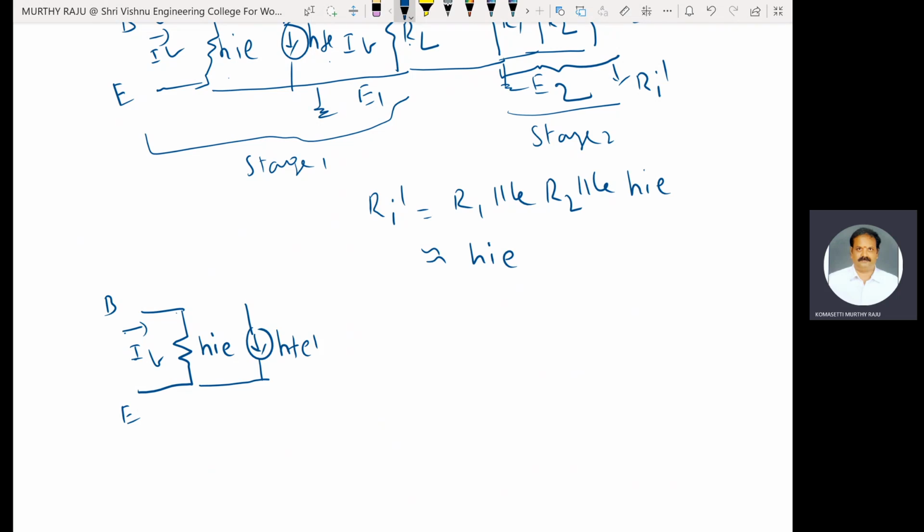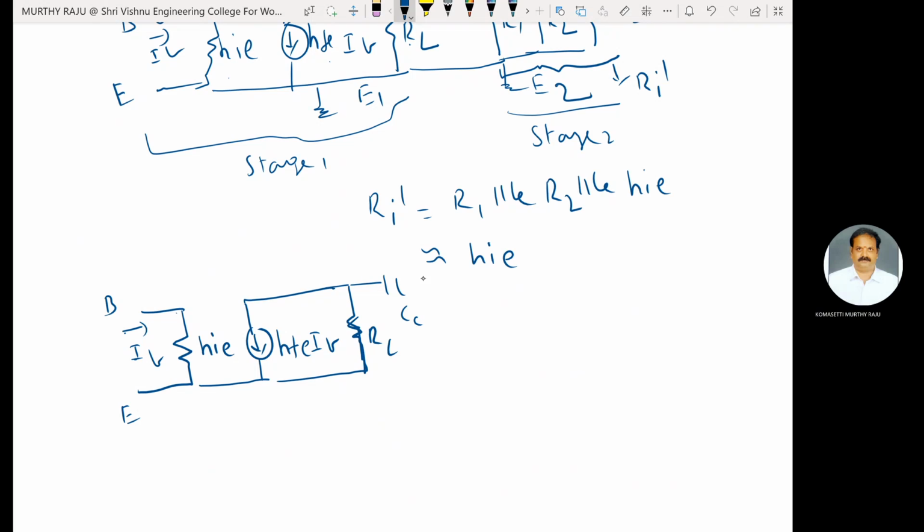HFE IB is the current source. This one is the load resistance RL and coupling capacitor CC. Ri dash is replaced with simply HIE. This is the output Vout and Vin.